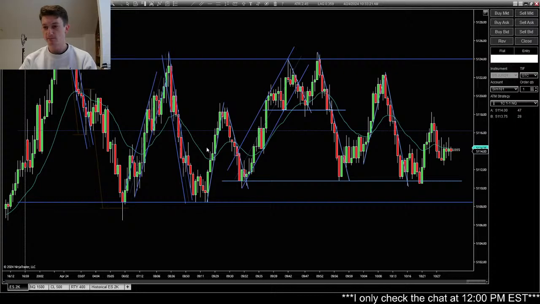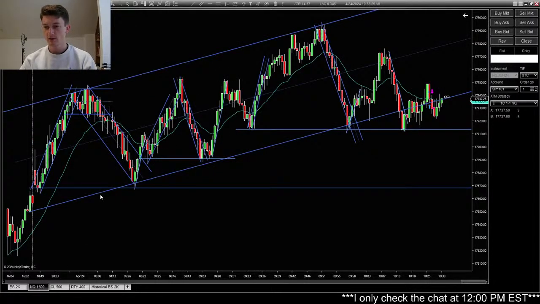Yes, clearly just in a range. NQ. This uptrend still could be correct.